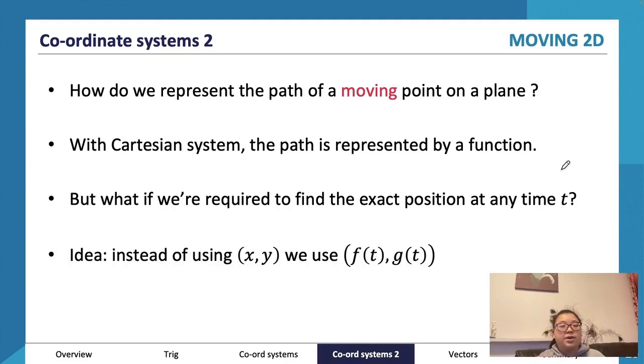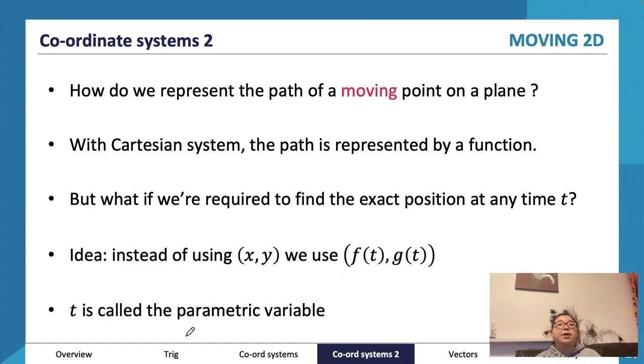And what that is going to be called is essentially using a parametric form to help tell us what's going on. So instead of writing y in terms of x, just showing us what the path is, we can actually also find at what time it's going to reach that path, right? And t is going to be our parametric variable or our parameter.